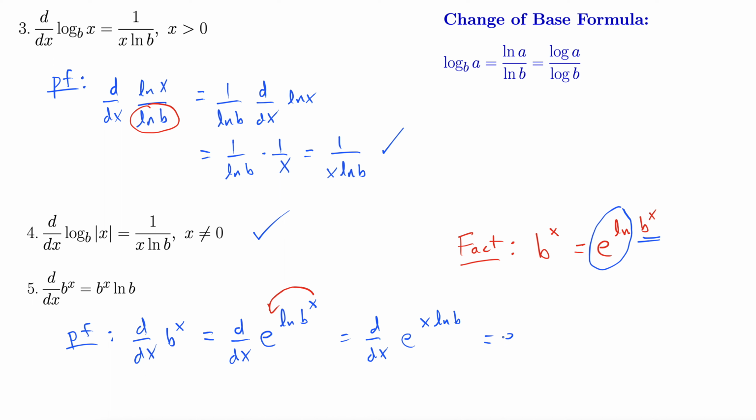That's simply e to the x natural log b. You just rewrite what you have, and then times the derivative of the inside. Well, the derivative of x natural log b is simply natural log b. But now let's take this first expression again. Remember, this whole thing is simply b to the x, right? Because we move this x back up into the exponent, the e and the natural log undo each other, and we're left with b to the x again, times natural log b, which completes the proof.